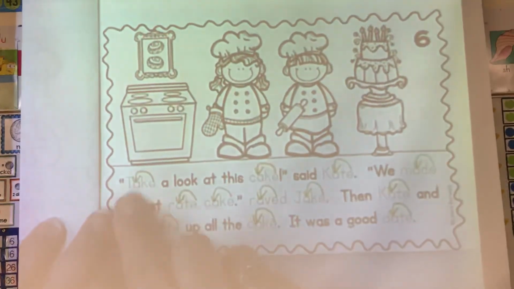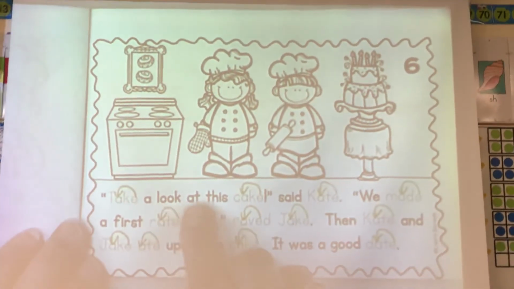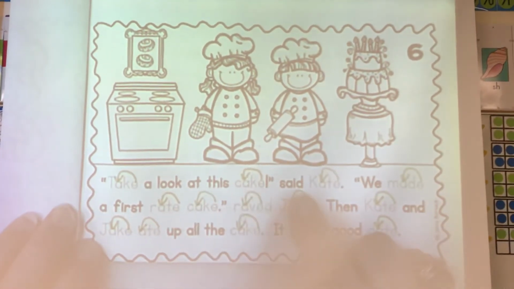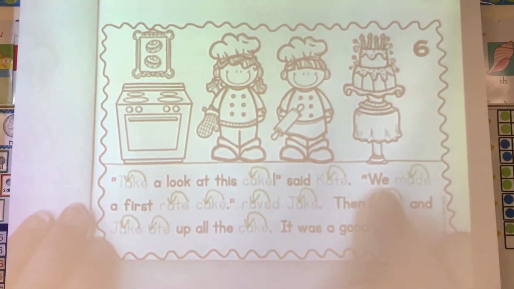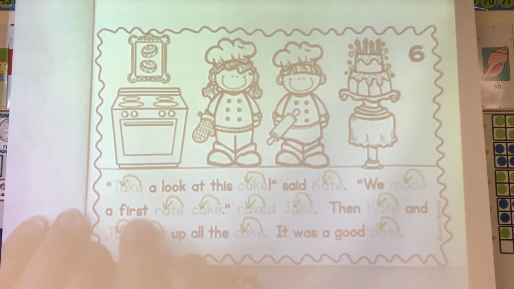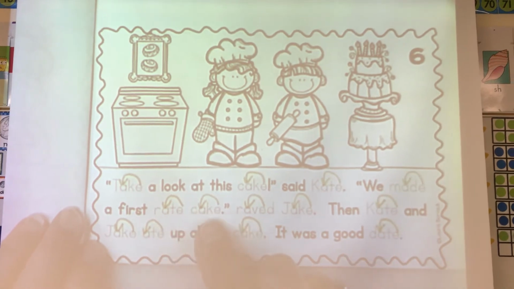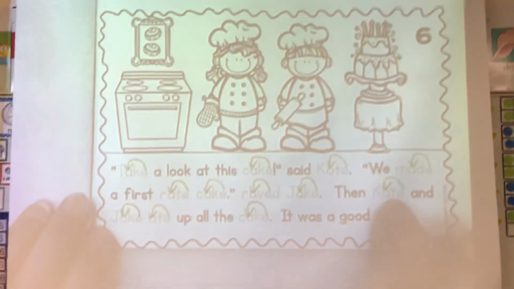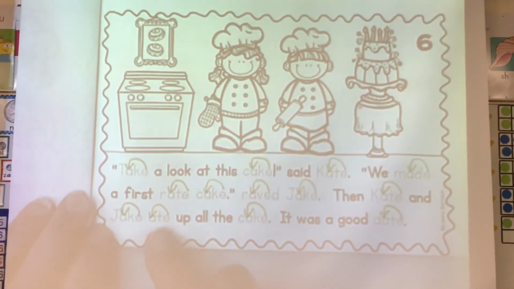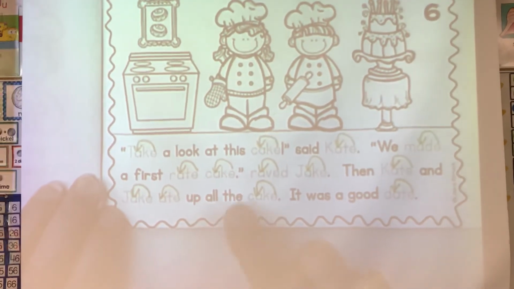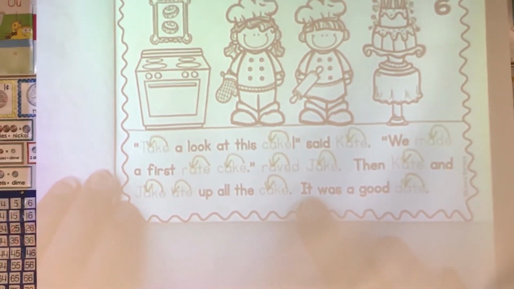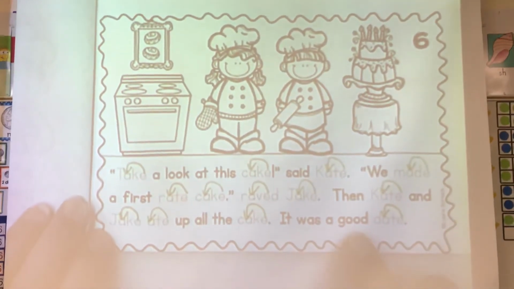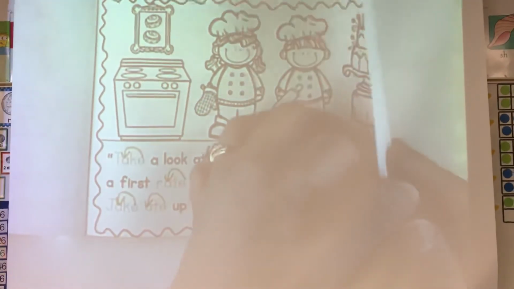Take a look at this cake, said Kate. We made a first-rate cake, raved Jake. Then Kate and Jake ate up all the cake. It was a good date.